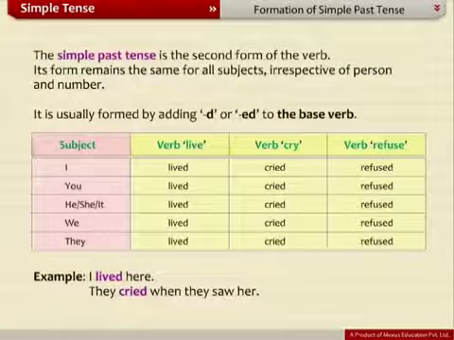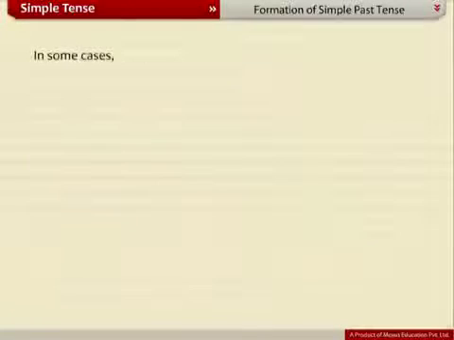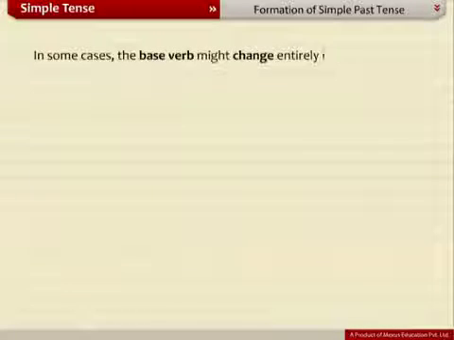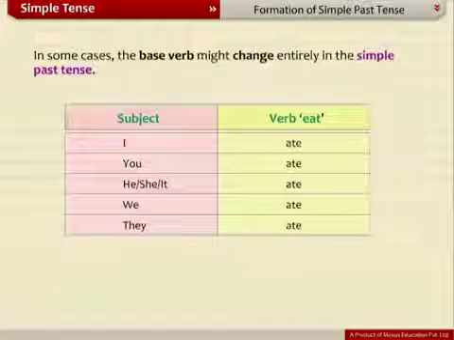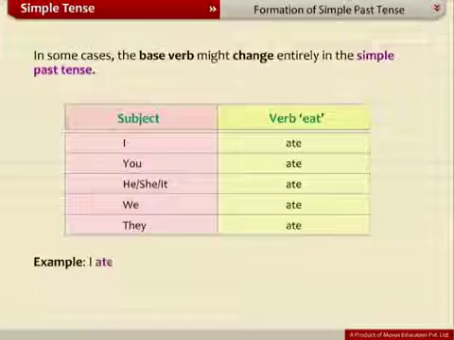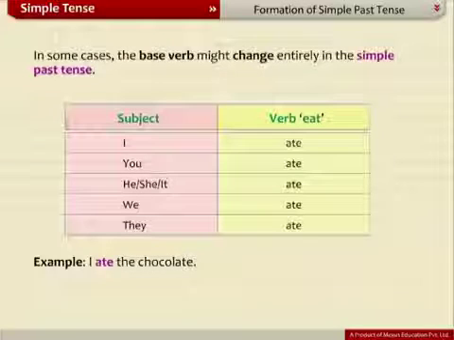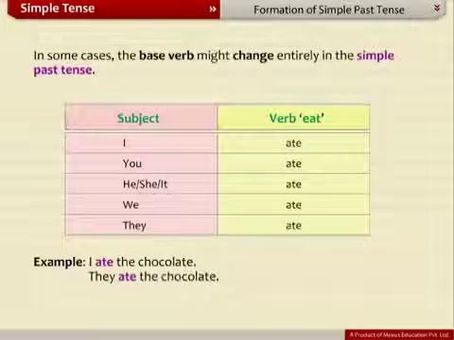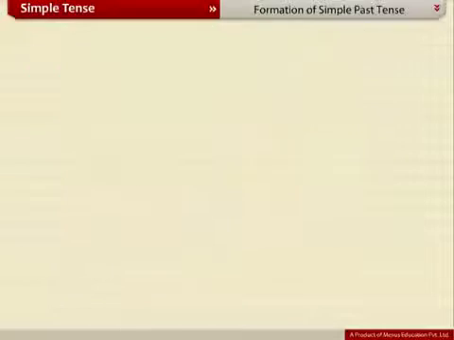They cried when they saw her. In some cases, the base verb might change entirely in the simple past tense. Example: I ate the chocolate. They ate the chocolate. Here, ate is the past form.